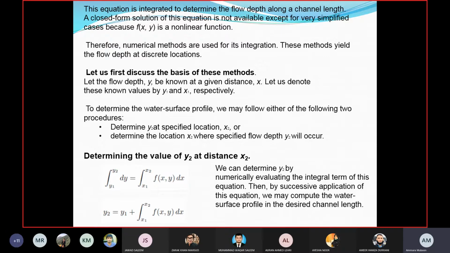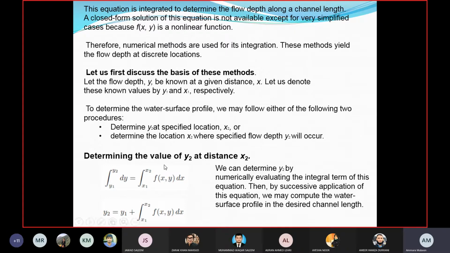In both cases, you would have to numerically evaluate the integral term. By successive application of the equation, we may compute the water surface profile in a desired channel length.